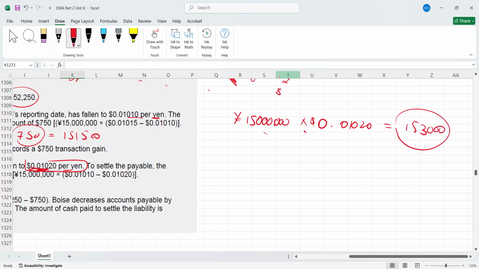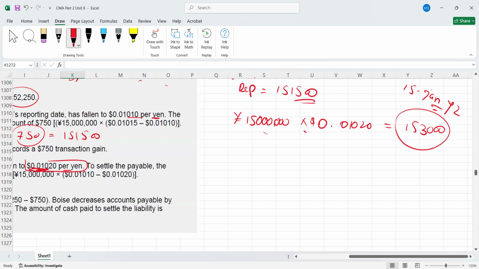This is the value of your liability at 15th January, year 2, right? Now you have to check what was the value at the reporting date. At the reporting date, the previous value was 151,500.